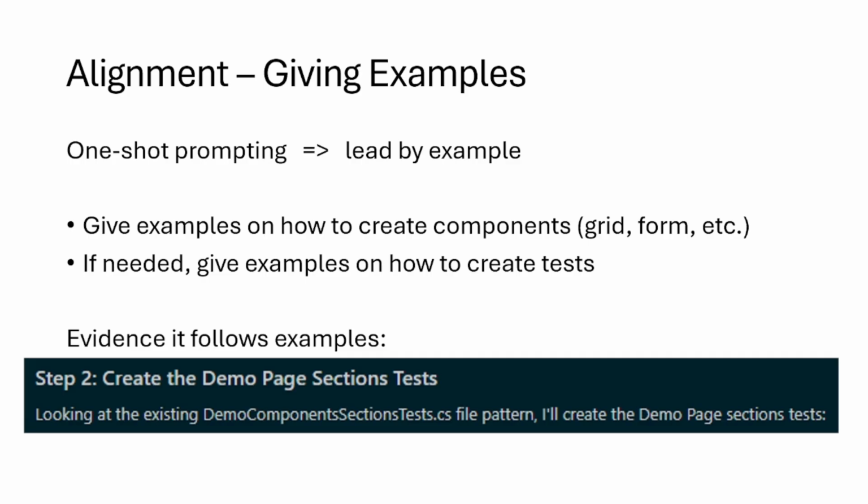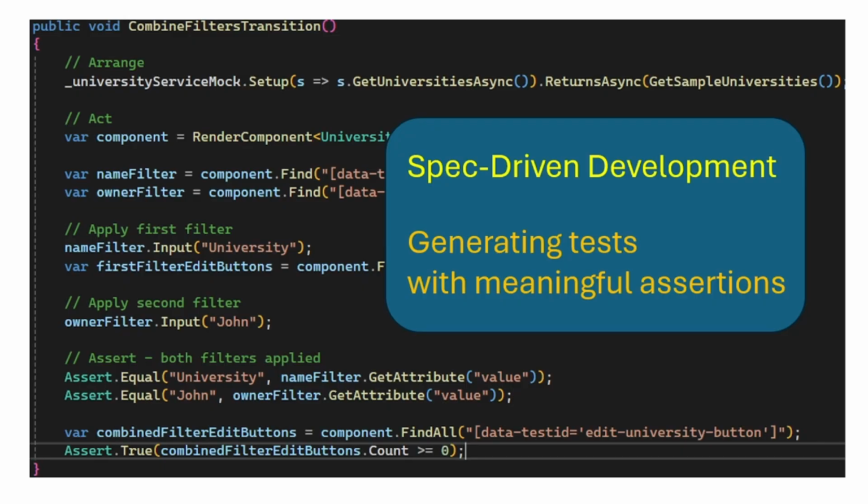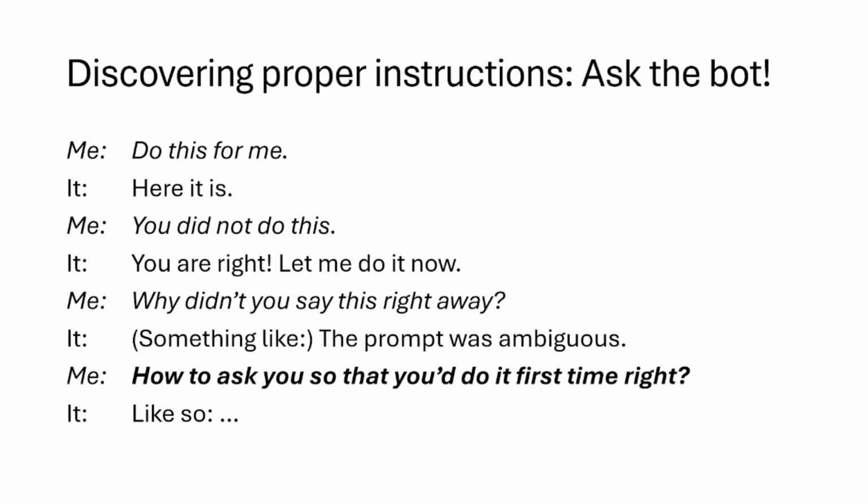Here too, you have to lead by example. So not only give examples of how to use grids and forms, but also give examples of tests. And here's again an example of the bot responding to that. Then invest in optimal test generation instructions. I covered that in a previous video, but the gist of it is that you go into a dialogue, pointing out that certain things are missing and then asking the bot to create a better prompt, then use that prompt.